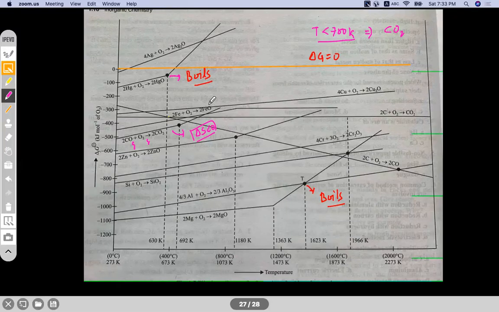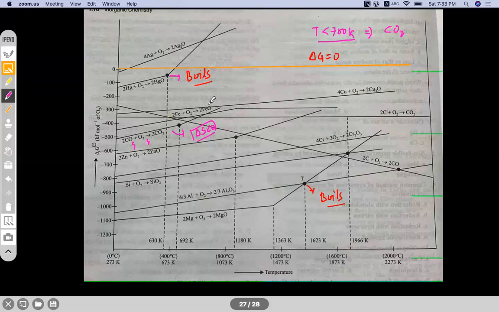Now we need to see the extraction of some metals. I'll show you the flow sheet, how to go through the process of extraction of copper and extraction of silver. Obviously we have zinc and other metals also, but we are not going to do all of them because it's not that important.